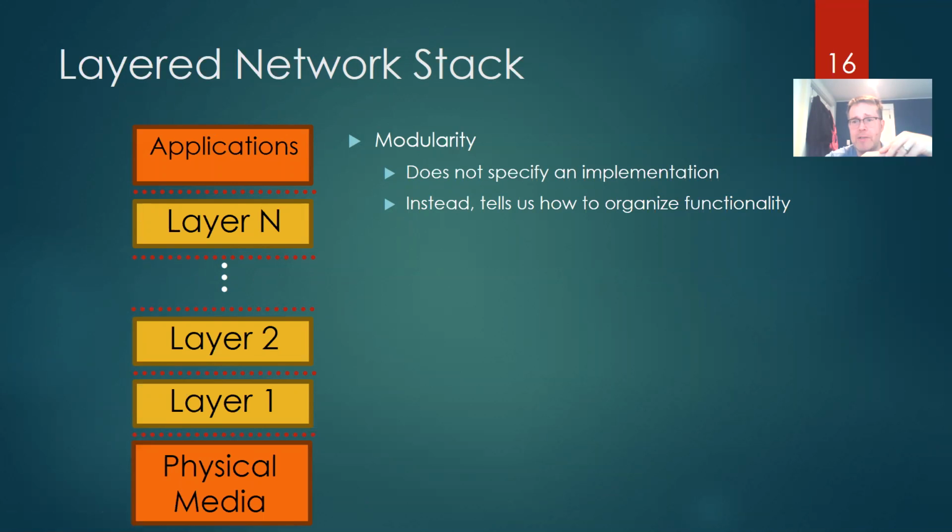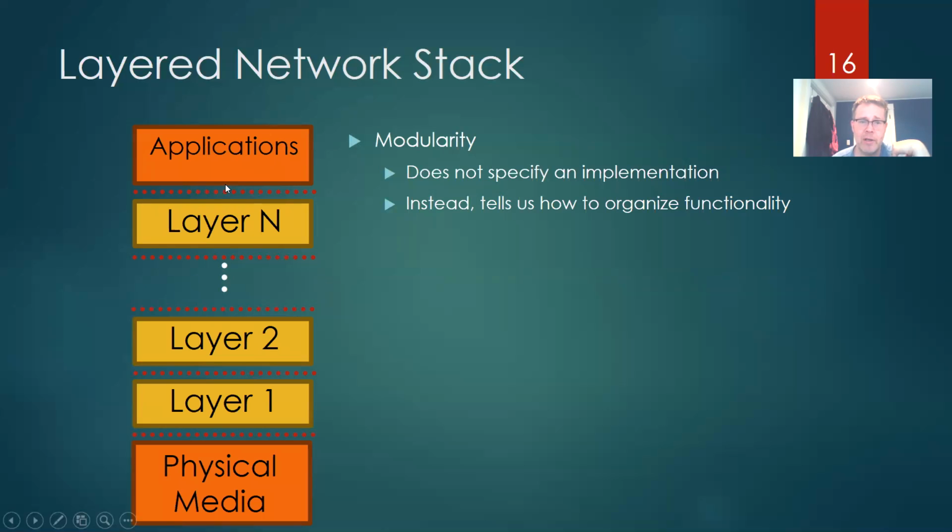Now, there are different ways to do this, but the key idea is that each layer performs a specific set of tasks and receives a standard input and produces a standard output that's readable by the next layer. So the nice thing about this, for any of these layers, as long as it properly accepts the input format and properly produces the correct output format, we don't need to know anything about what goes on inside it.